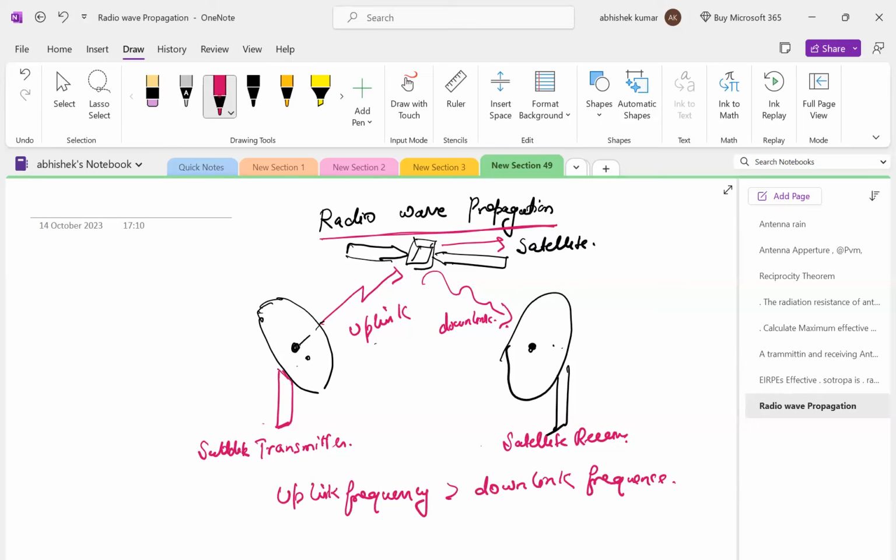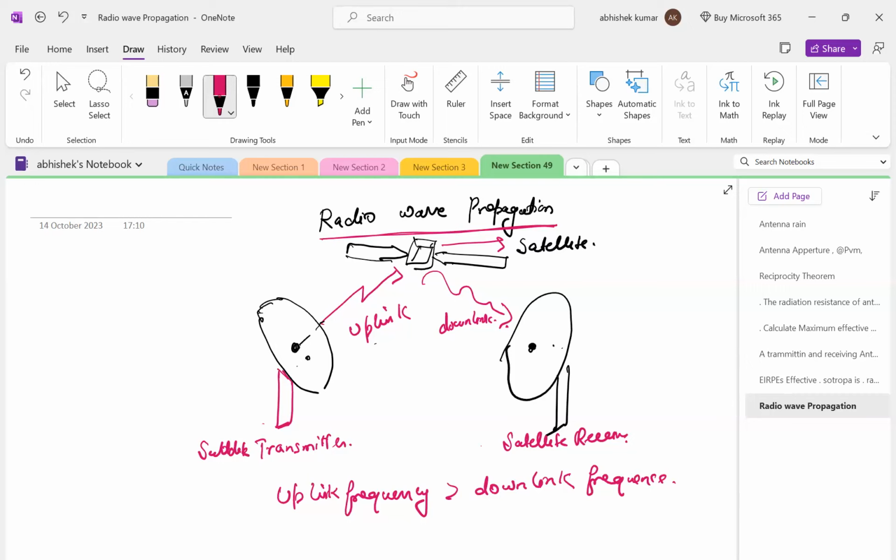We can control the attenuation at the ground station, but we can't control the attenuation at the other station, so basically due to this we can control it.